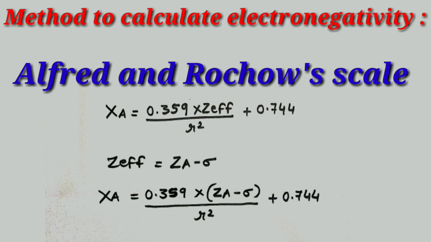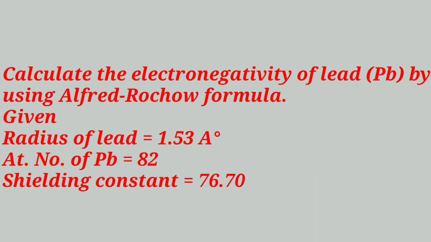Now, let us see one numerical based on this method. Students, calculate the electronegativity of lead by using the Allred-Rochow formula. Given that the radius of lead is 1.53 Angstrom units, the provided atomic number of lead is 82 and the shielding constant is 76.70.